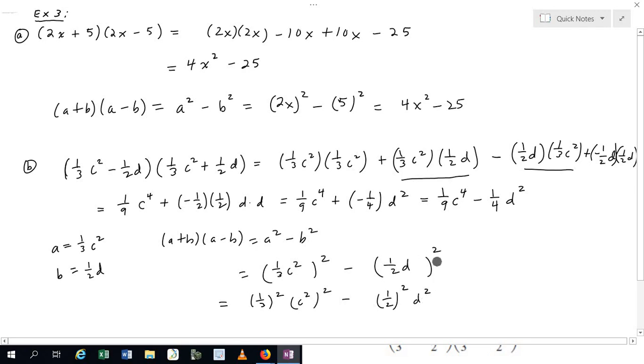And you can square each of these individually. Okay, and so 1/3 squared is just 1/3 times 1/3, and that's 1/9. Here you multiply exponents, so you get c to the 4th. And then here 1/2 times 1/2 is 1/4, and then d squared. And so you can see you do end up with the same answer if you use this little formula. Okay.